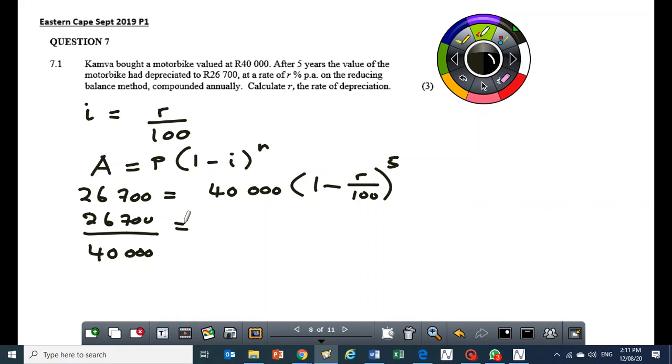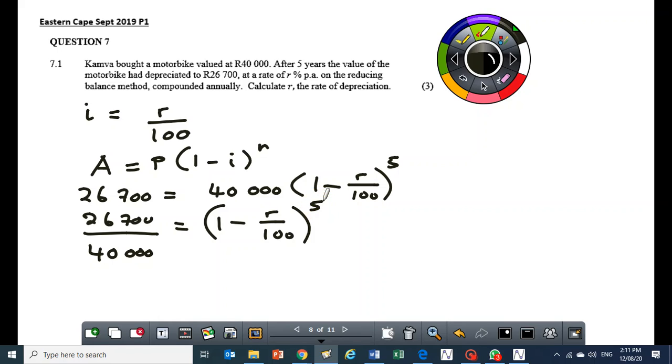This is equal to, there on the right, you can write that as 1 minus R over 100, all raised to the power of 5.